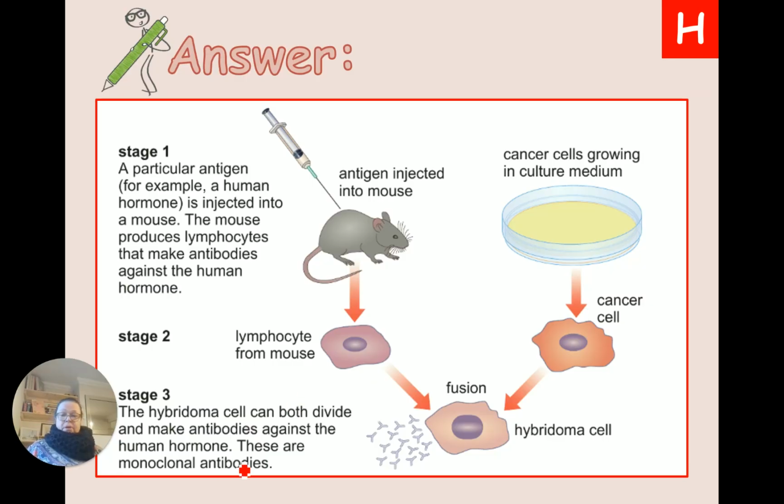We call them monoclonal antibodies. These antibodies are clones of each other. Once they're all produced, they can then be purified, because if we're going to use them for humans, we need them to be purified. There are a lot of keywords in here that we're going to need. So let's have a quick look at the uses, because they do ask you about those as well.